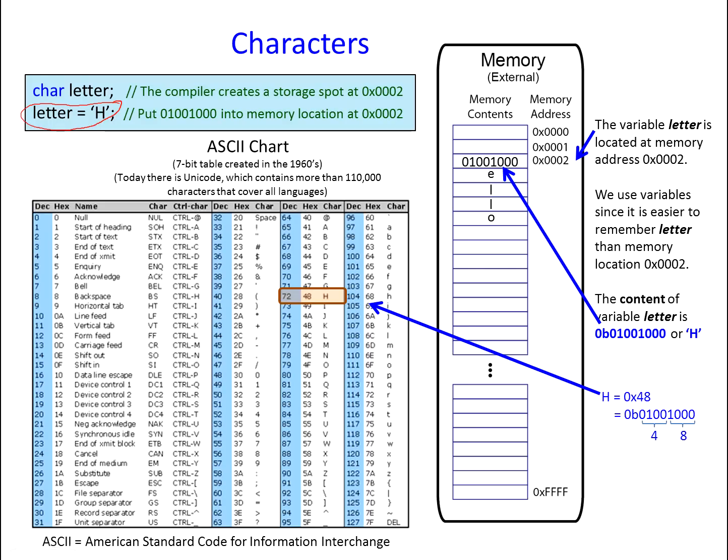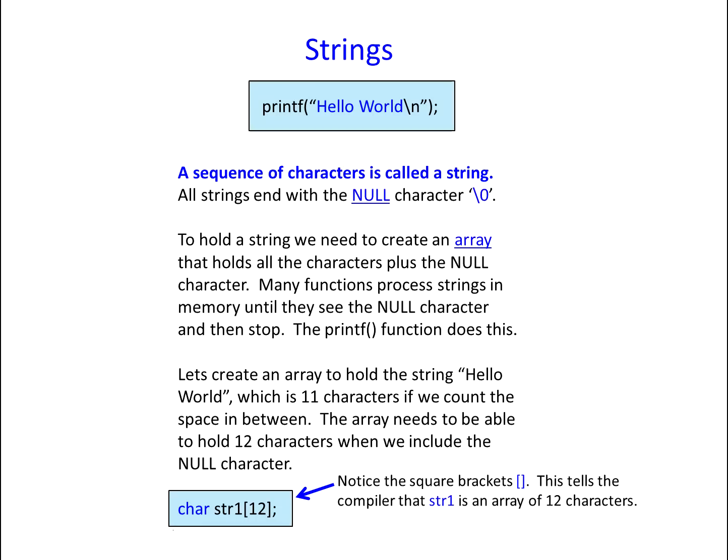This represents 4, and 1, 0, 0, 0 represents 8. So this entire binary string would be placed in memory, where letter has been assigned, and that's where its spot is in memory. So that's the character data type. We're just talking about a single character here.